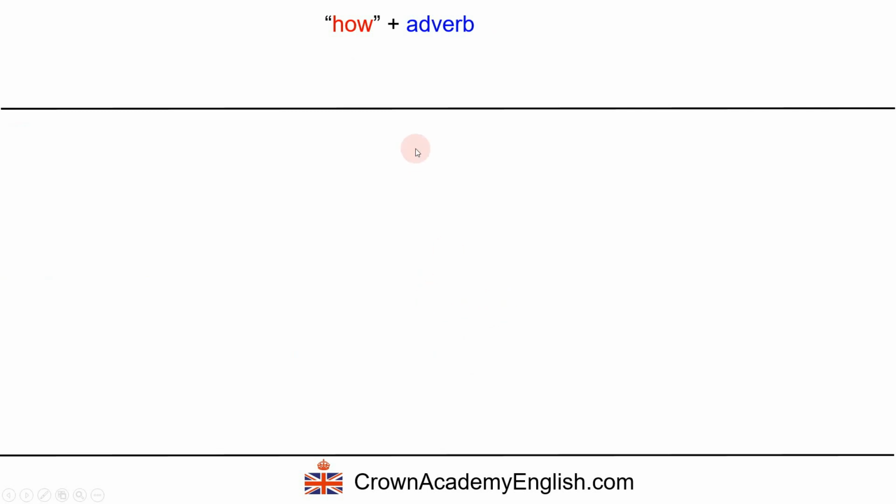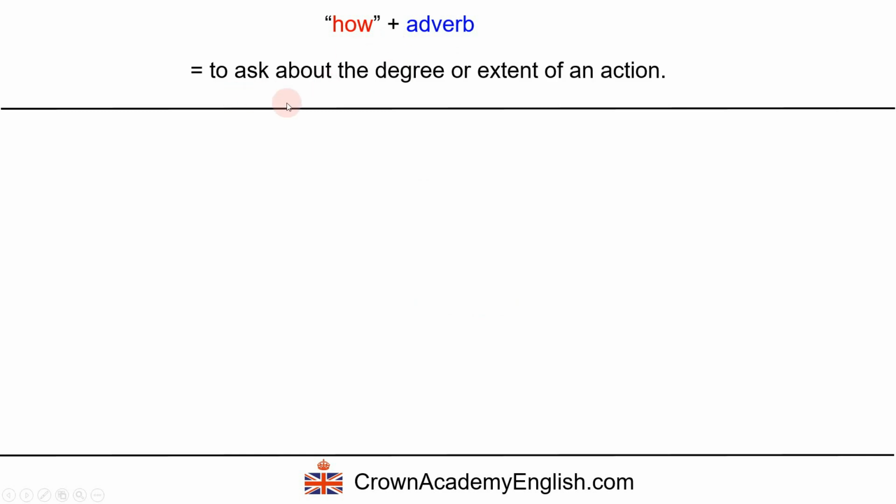And we can have the same principle, but with an adverb. So instead of how followed by an adjective, we can also have how followed by an adverb. And here we're using adverbs that modify a verb. So since an adverb modifies a verb, the meaning is to ask about the degree or extent of an action.